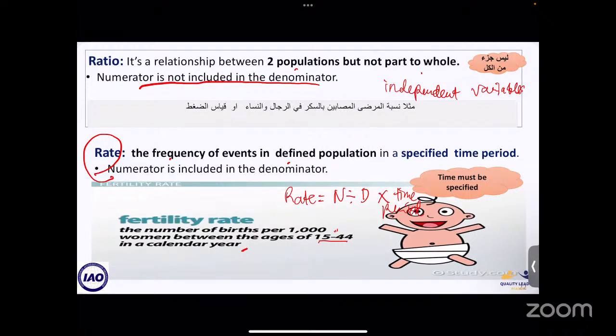So again, proportion means the numerator is part of the denominator, but without a time component. When we say rate, the numerator is part of the denominator and includes a specific time period. What about the ratio? The numerator and denominator are independent. Is this clear?